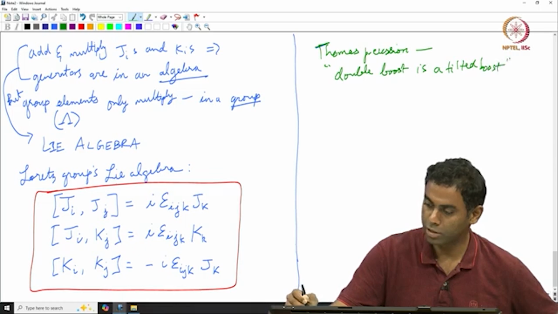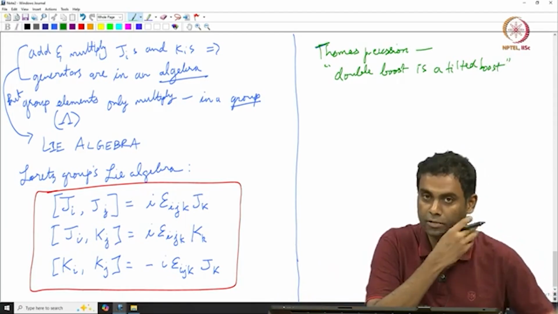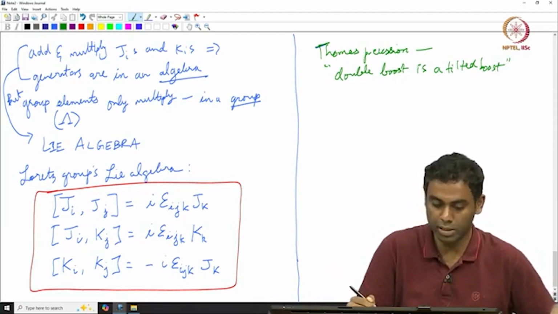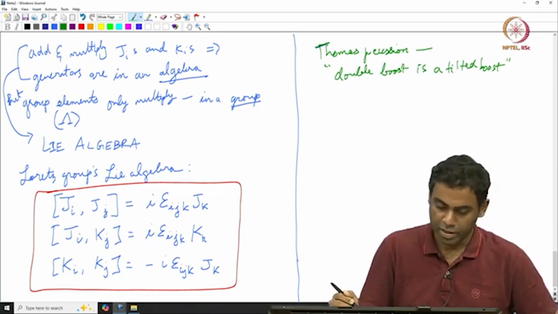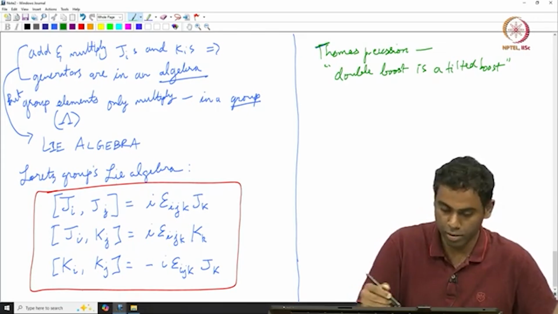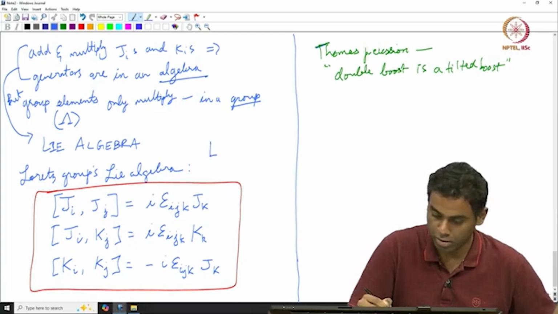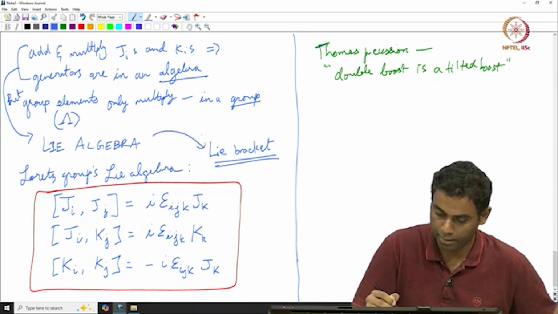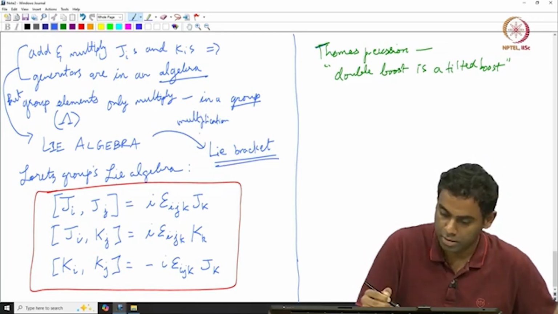This is not really the place for me to explain all this, but these are very nice relativity concepts that you see encoded in the algebra itself. So let me just introduce one other term. The multiplication rule of this algebra is also called the Lie bracket. So you will come across these terms in mathematical physics, field theory and so on.